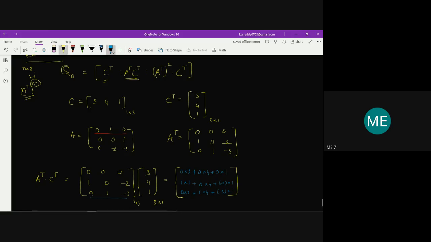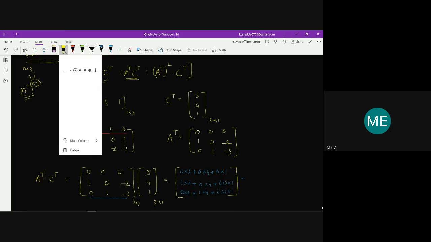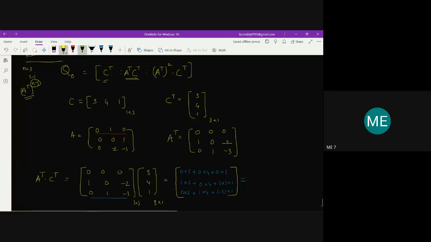After simplification, the first one is 0. Then this is 3, this is 0, and minus 2 into 1, so 3 minus 2 gives 1. Then 4 minus 3 is going to be 1. So I got A transpose C transpose equal to 0, 1, 1.